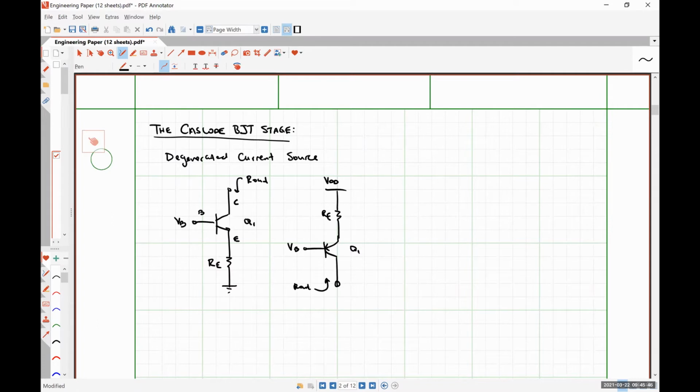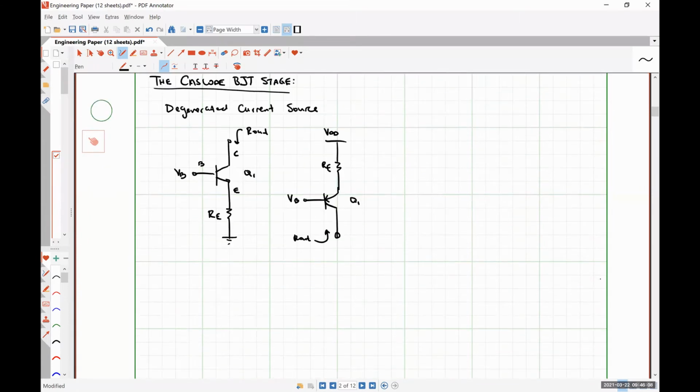The reason we're looking at current sources right now, as opposed to amplifiers like we have been doing, is because at this point we're trying to focus on what this degeneration does without worrying about where our input signal comes in from. And it's actually going to tie into when we start looking at cascoded amplifiers.